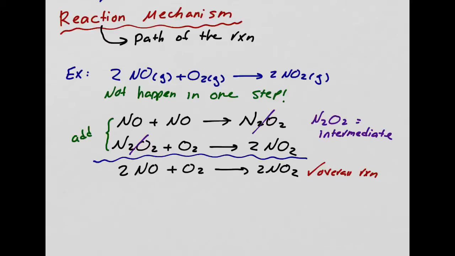Now, the thing is that there are a lot of elementary steps that lead to the product formation. What do I mean by elementary step? I'm actually going to write that word down because we're going to talk about that word so much. There are a lot of elementary steps that will lead to product formation. Now, what do I mean by that?